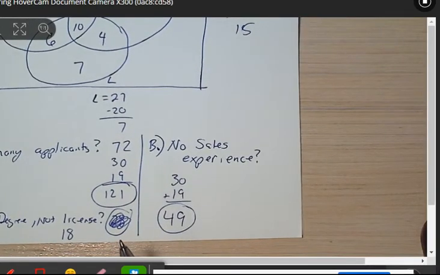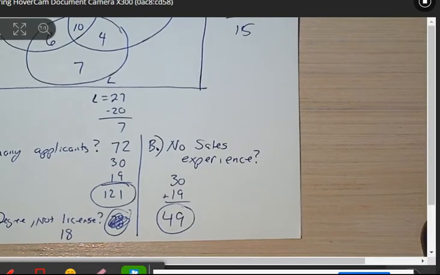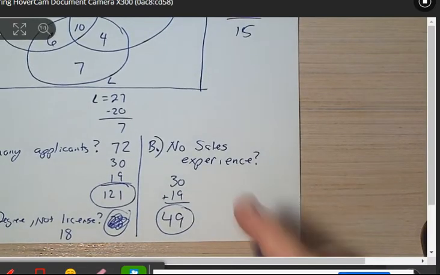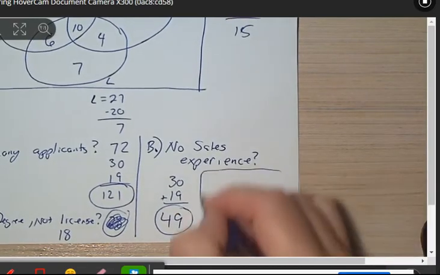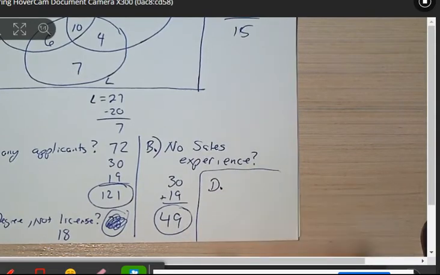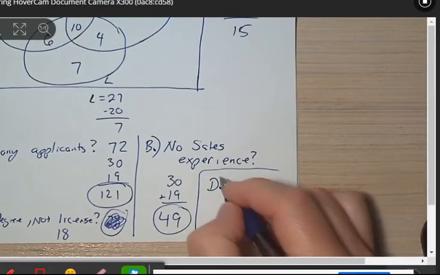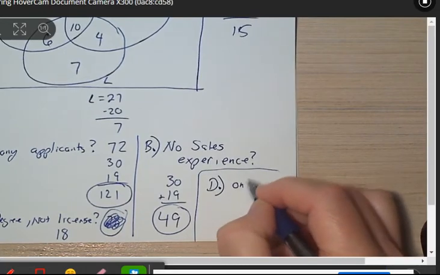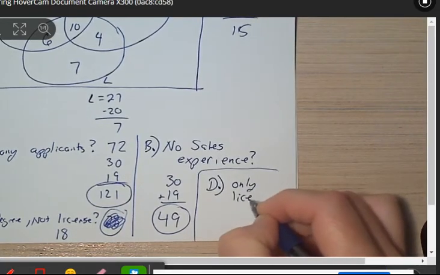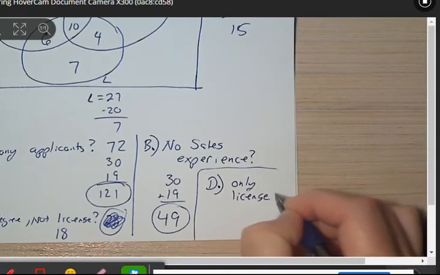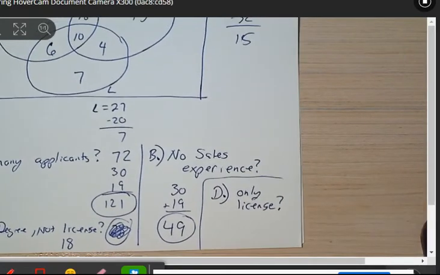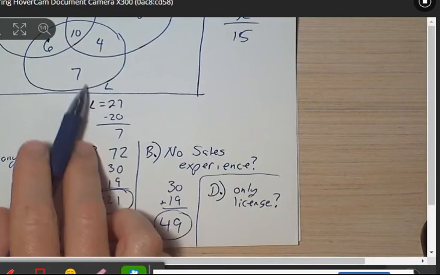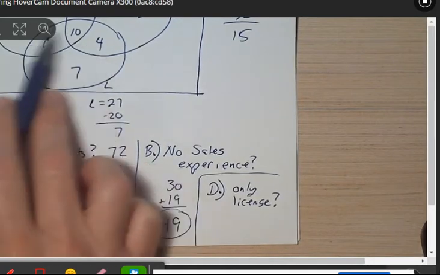All right, and then the D part, see if I put D over here, keep it all on the same paper. For D, this was how many people had only a real estate license. And again, that's going back to our Venn diagram here. These were people that had a license with something else.